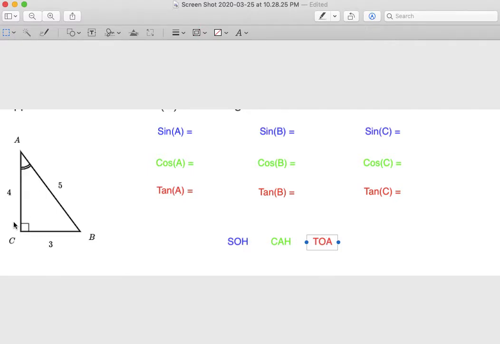So I've got a triangle here, a 3, 4, 5 triangle. And the thing that you always want to remember is the hypotenuse is always going to be the side length that is opposite your right angle.